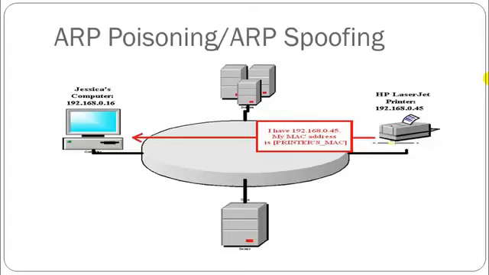ARP is very trusting, or the specific term would be gullible. When a network device sends an ARP request, it simply trusts that the ARP reply really does come from the correct device. ARP provides no way to verify that the responding device is really who it says it is.